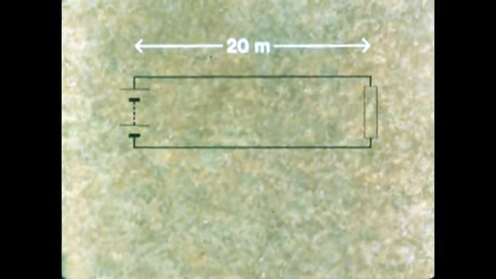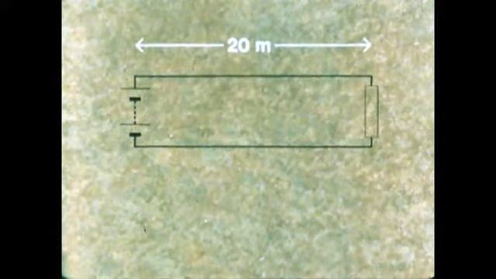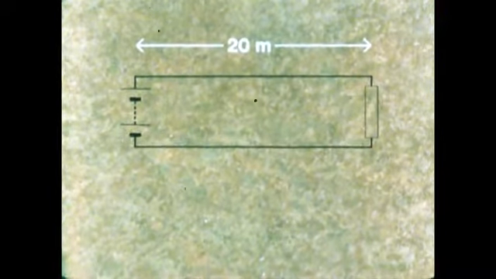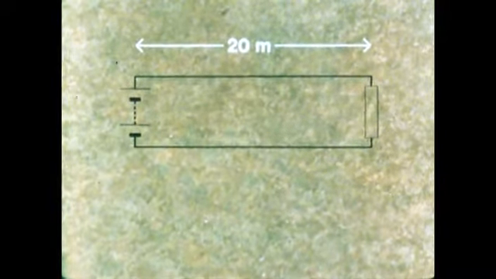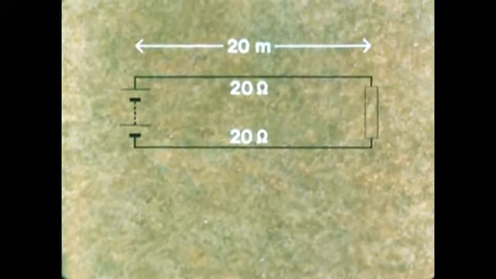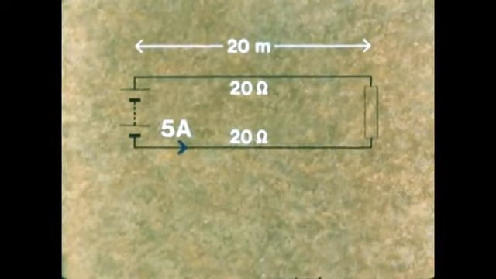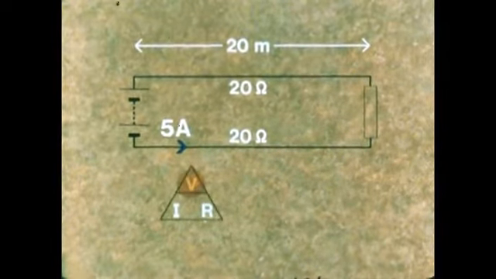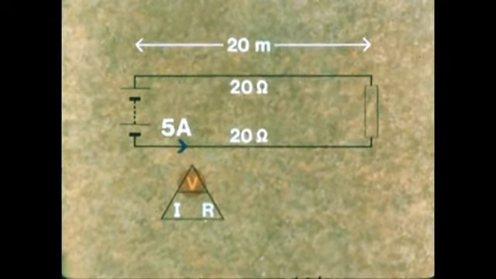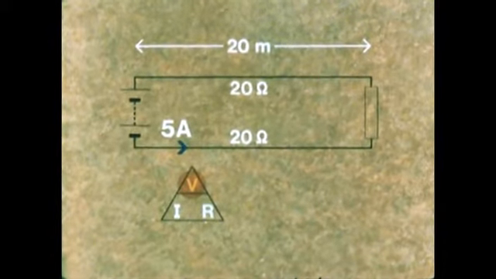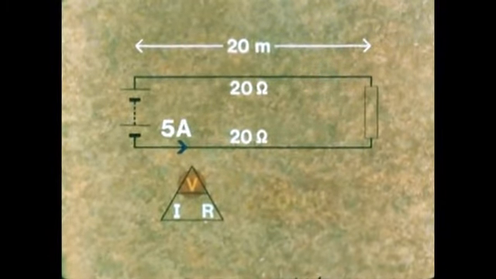For example, if a cable is 20 meters long and has a resistance of 1 ohm per meter, then the resistance of the cable will be as much as 20 ohms each way. If a 5 amp current is flowing, we could use the Ohm's law triangle to show that there is a voltage drop of 100 volts in each cable, a total of 200 volts.